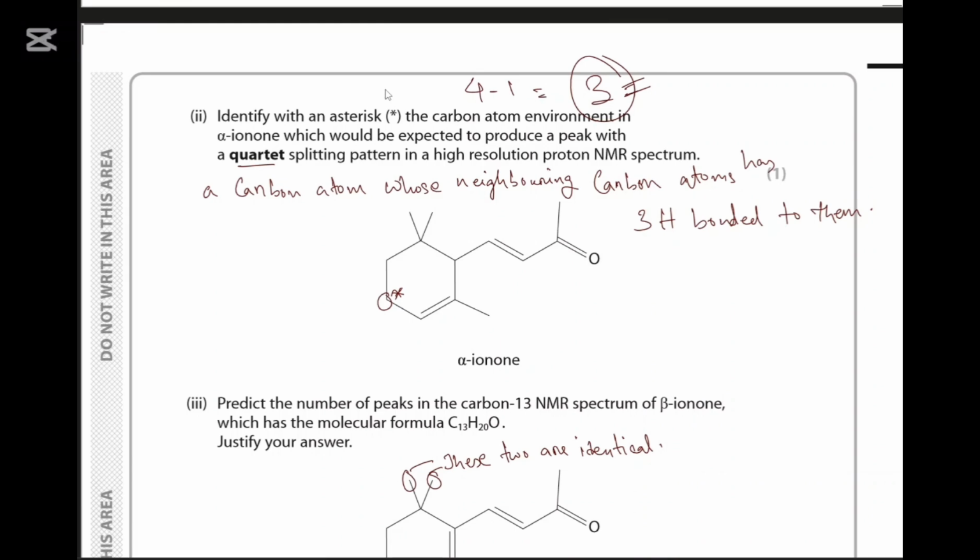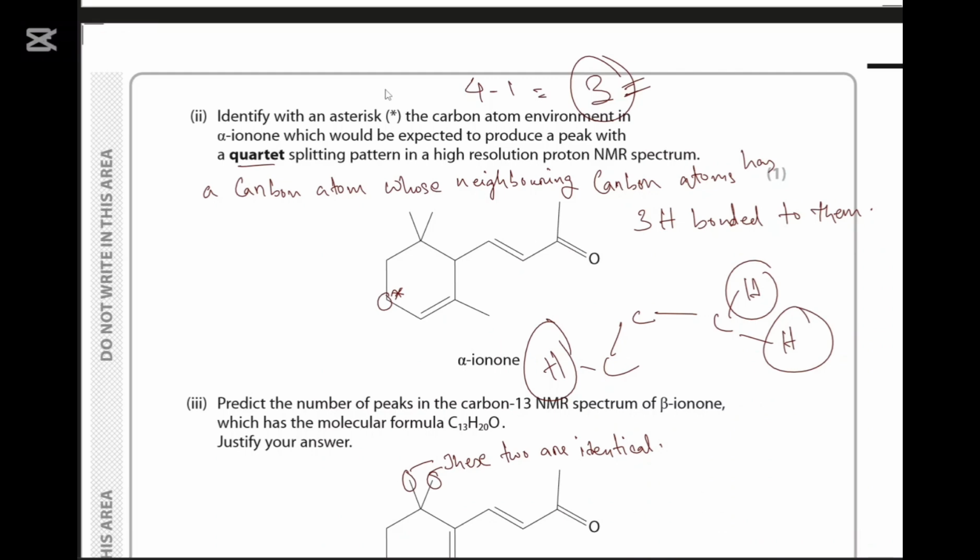So say if we are looking at this carbon, the adjacent carbon atoms must have three hydrogens bonded to them. So we are looking for a carbon atom which has adjacent carbon atoms bonded to it, and these adjacent carbon atoms must have in total three hydrogen atoms bonded to them. So say this carbon atom has two hydrogens, and this carbon atom has one hydrogen. So in total, we have three hydrogen atoms. This configuration will actually give us a quartet.